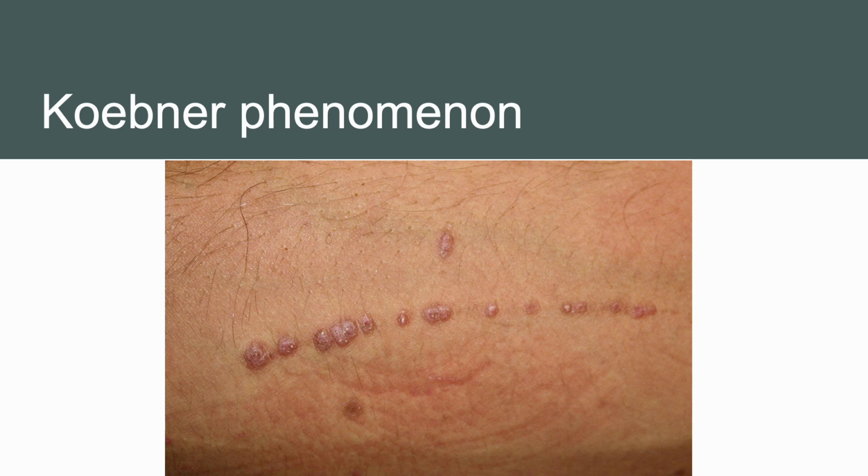This phenomenon is most commonly associated with psoriasis, as pictured here, but can also occur in other conditions such as lichen planus and vitiligo. The new lesions typically have the same histopathological characteristics as the primary disease. Patients with psoriasis should be warned of this tendency before subjecting themselves to cosmetic procedures involving physical trauma, such as having a tattoo.